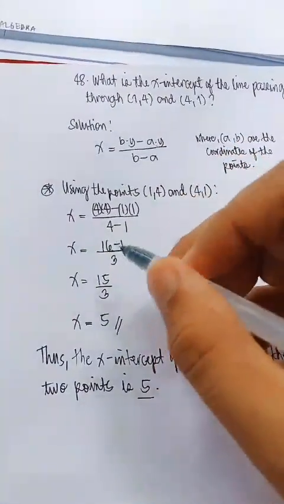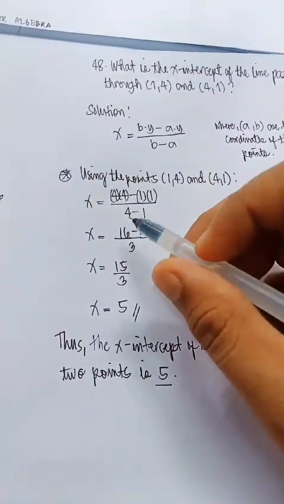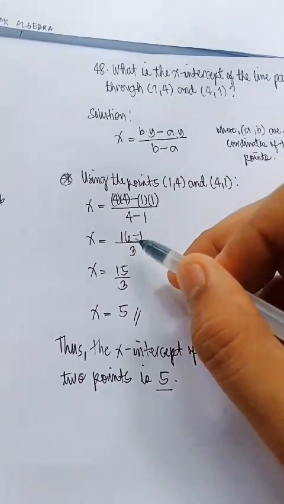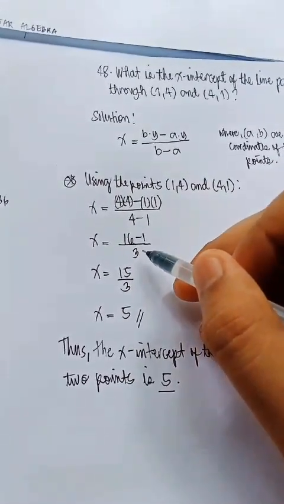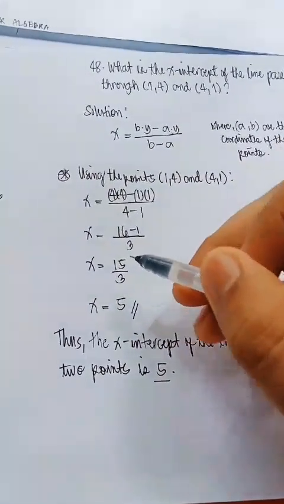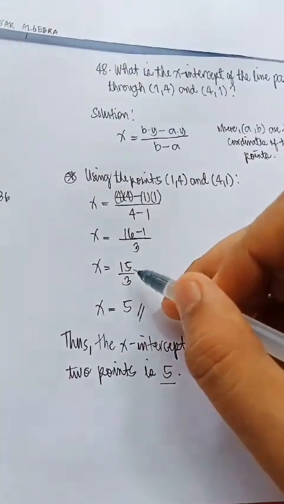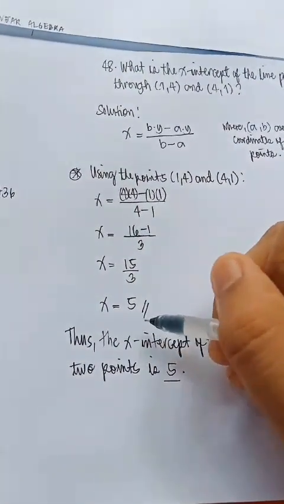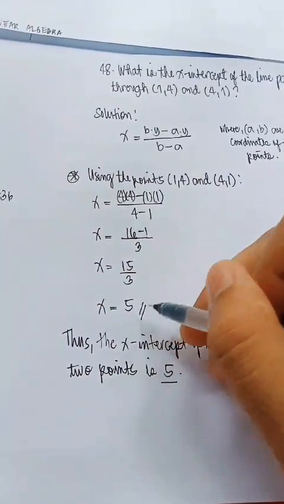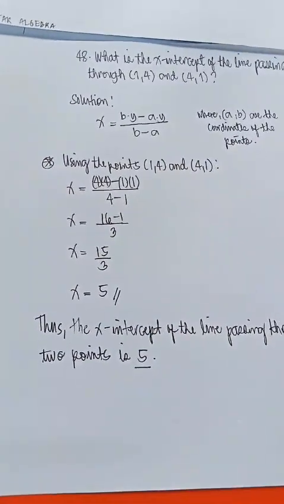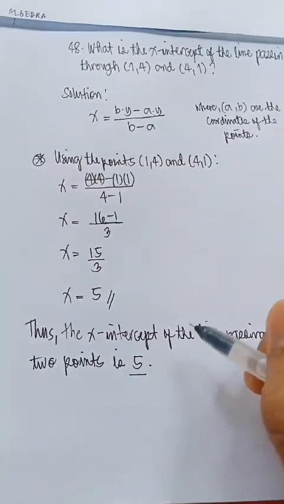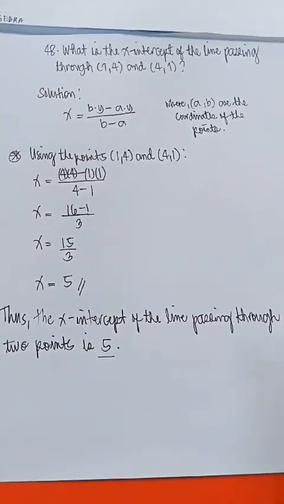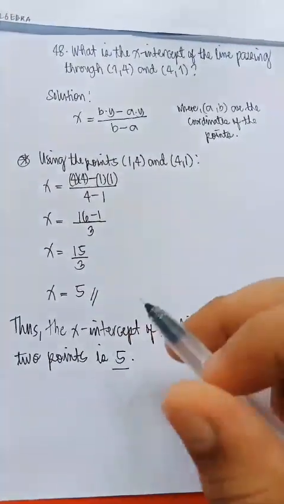Now let's proceed. 16 minus 1 is 15, and copy 3 and divide 15 by 3. We get the final answer, which is 5. Thus, the x-intercept of the line passing through the 2 points is 5.